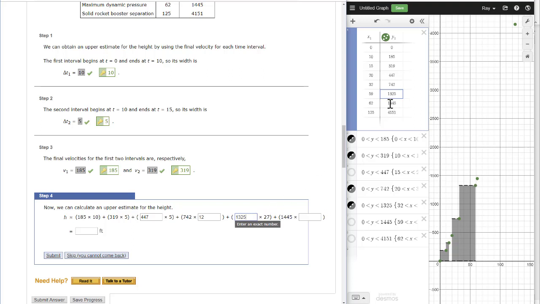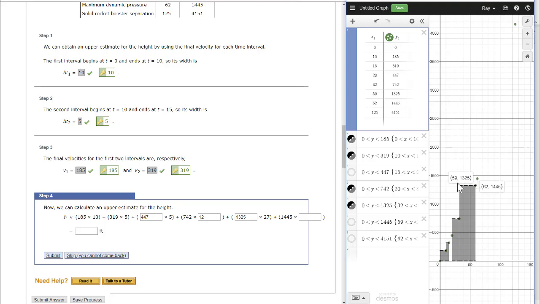And then we're using 1441 for the height, looking at the distance between 62 and 59. That's a very small distance between these two, and the distance there is just going to be 3.